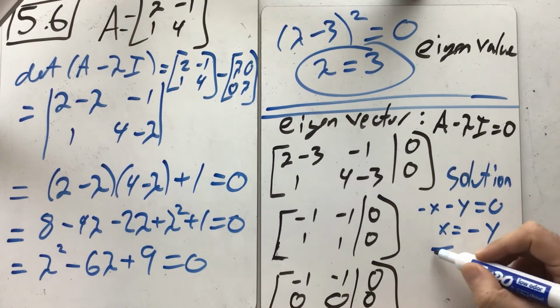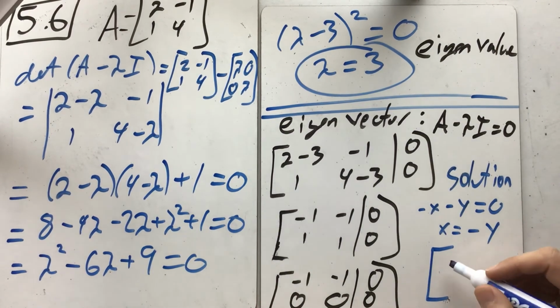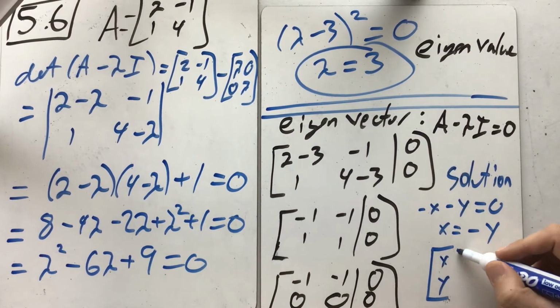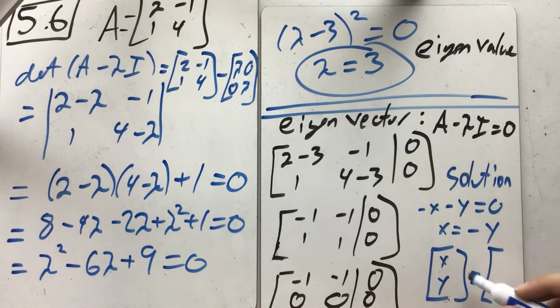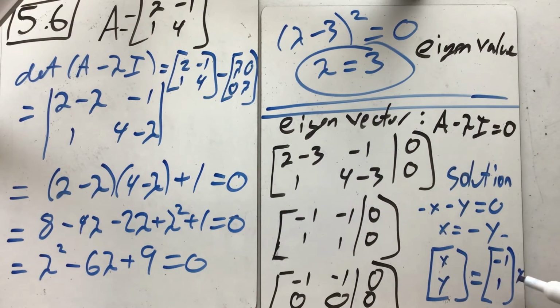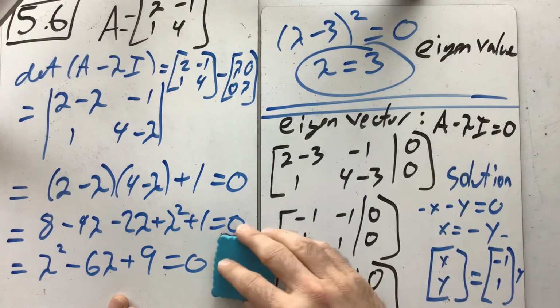And if I want, I could write it as the matrix xy is equal to, well, x is going to be -1 times y and y is going to be 1. So -1, 1 is a good eigenvector. Or I could switch, I could have done 1, -1.